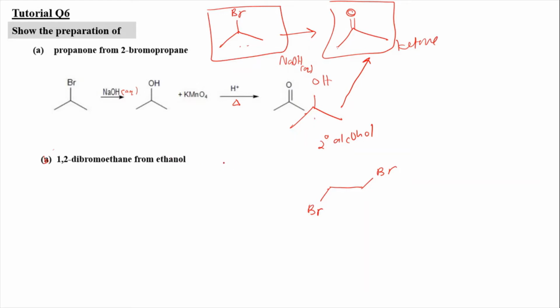So ethanol is going to have 2 carbon, 1 and 2, and then at carbon number, doesn't matter which one, they're going to have OH here. So ethanol to produce 1,2-dibromoethane, which is on this side here.